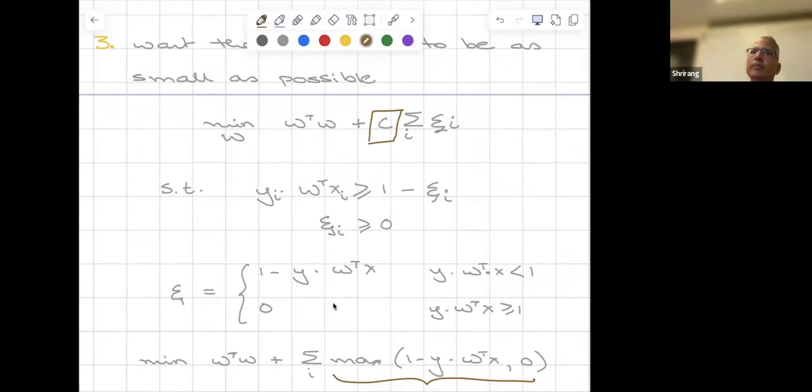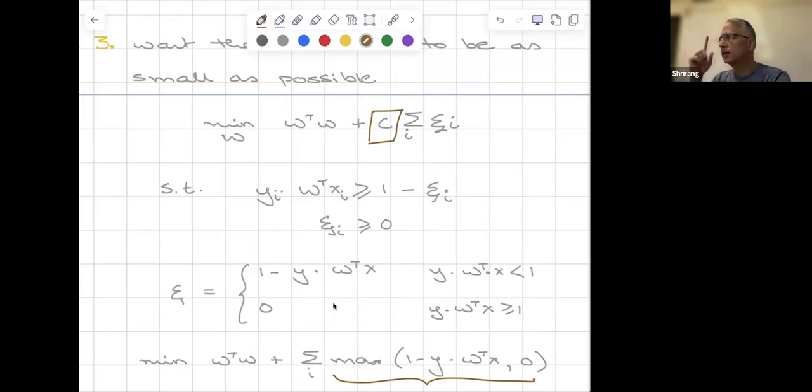C is a parameter that I'm going to decide. It is a hyperparameter. The algorithm is not going to figure out C; I am deciding C. Which is the other hyperparameter we've seen so far? Which are the algorithms we've seen so far? KNN and perceptron.